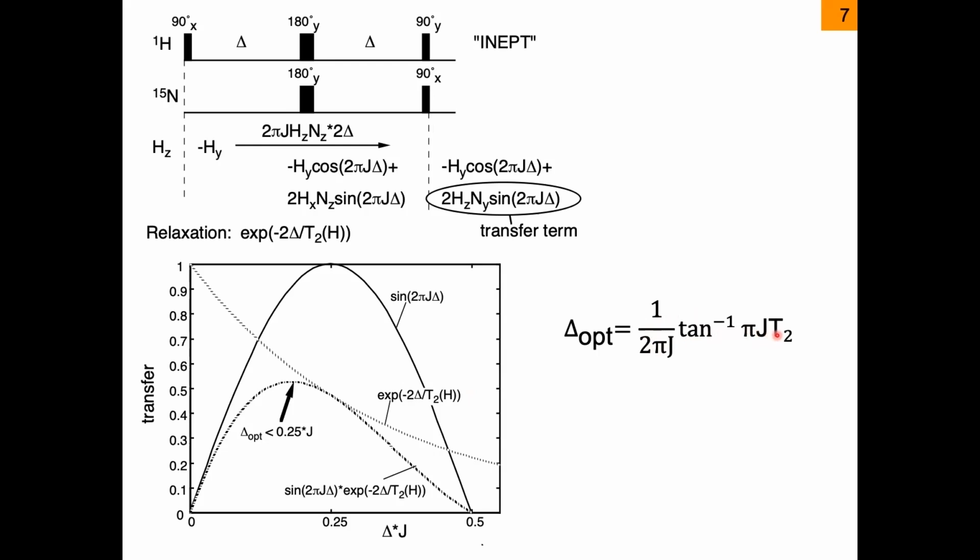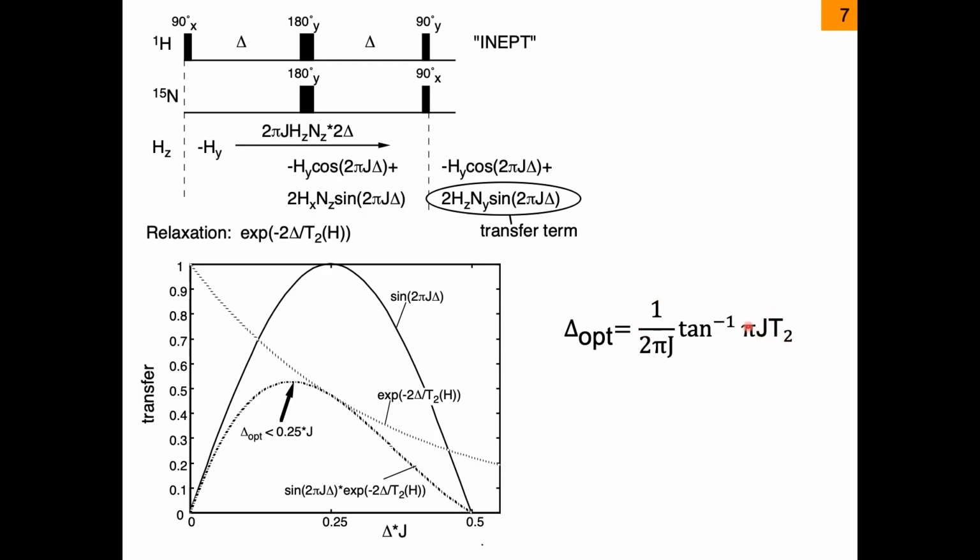Now, in the limit where this pi J T2 is small compared to 1, the arc tangent of x when x is small is just x. So then you can forget about the arc tangent.